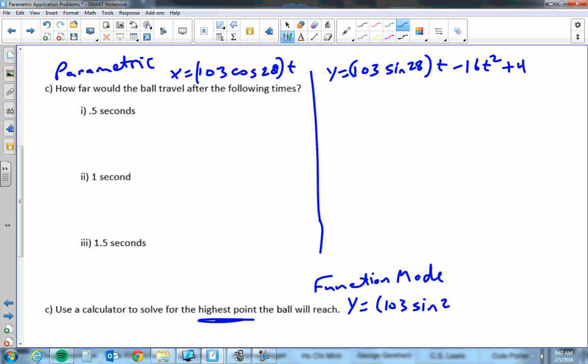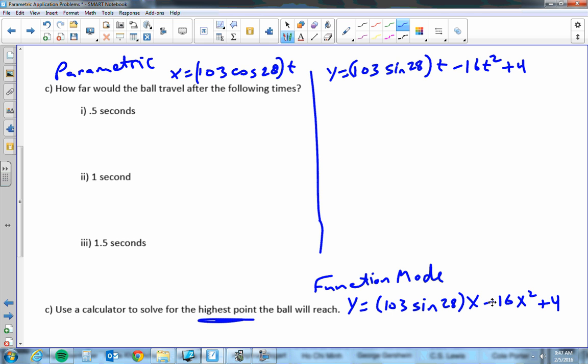What you have to remember is you have an x there, but what does that x represent? The time, right? In other words, this isn't actually a graph of the trajectory where the height is based on the horizontal distance that the ball has traveled. That's not what this means now. It just gives you the height based on time. But if you put that in the y equals x mode, it can calculate the maximum for you. But it'll tell you the maximum height and when it happened.